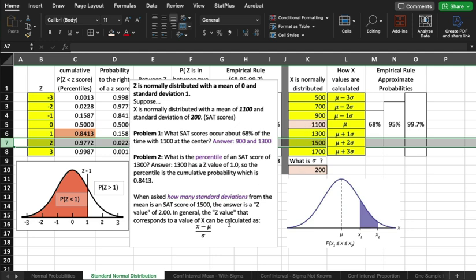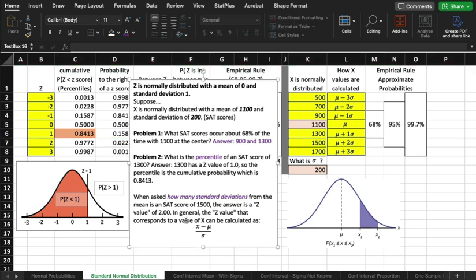As a general rule, though, you can calculate the z-value by taking your value of x minus mu, so subtract mu, and then divide by sigma. Again, you can find a z-value for any value of x. No matter what the x is, it doesn't have to be on this chart. These are just very special values of x here.